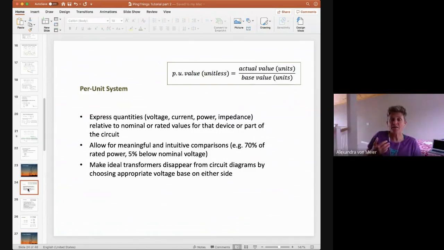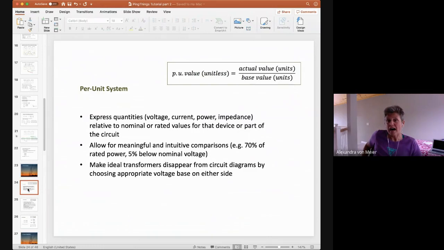And it would be the rated or nominal voltage for the section of the system that you're on. Now, for example, that rated voltage will not be exactly the operating voltage. Let's say that the nominal voltage at my house is 120 volts. So I would call that the base voltage. And then let's say that I measure the voltage and it's 118.